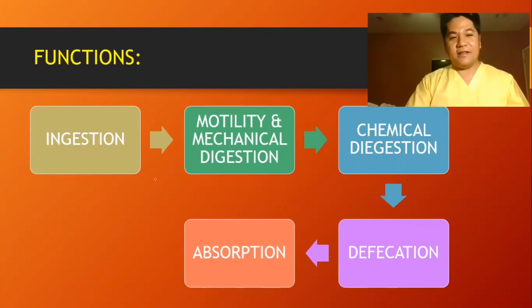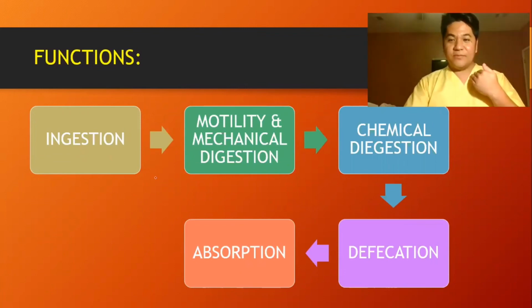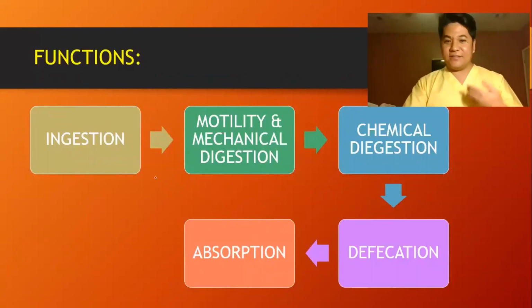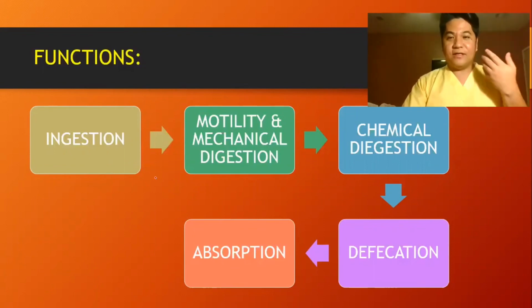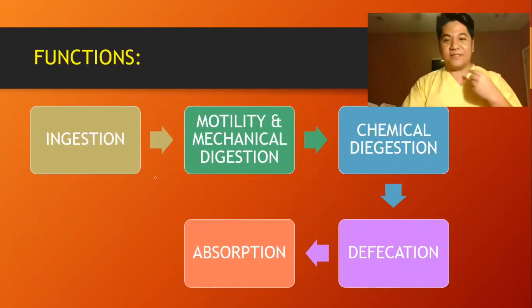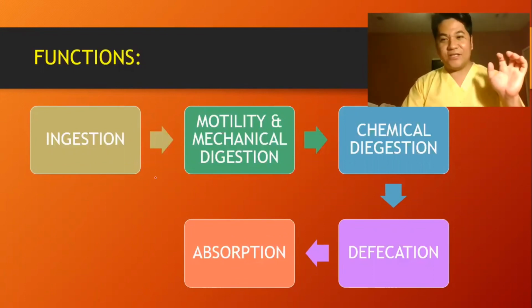Initially, these are the main functions, like putting in or taking in food through your mouth. Then motility and mechanical digestion start from your mouth as well, with your salivary glands mixing the food, and you crunch it and grind it.